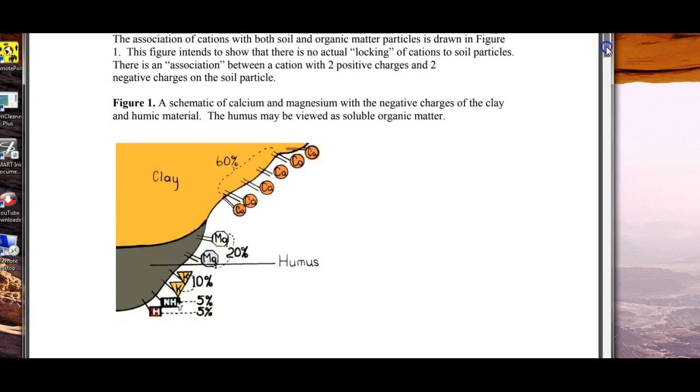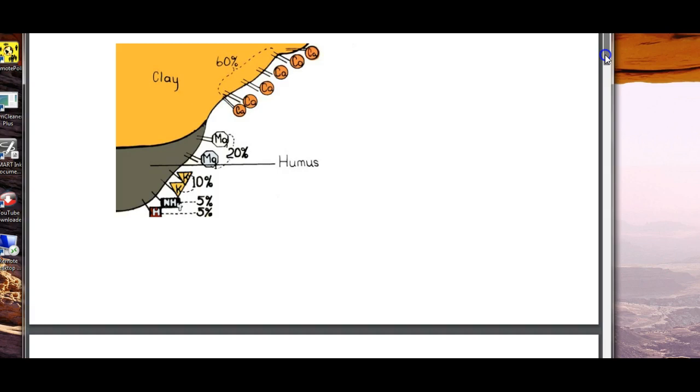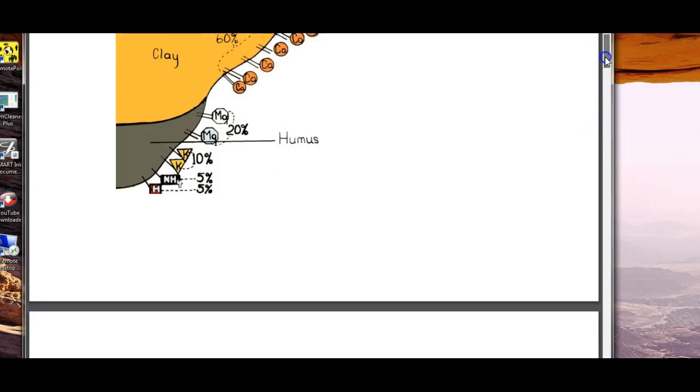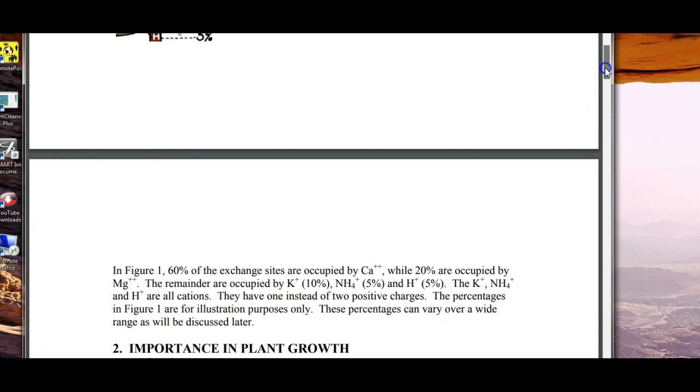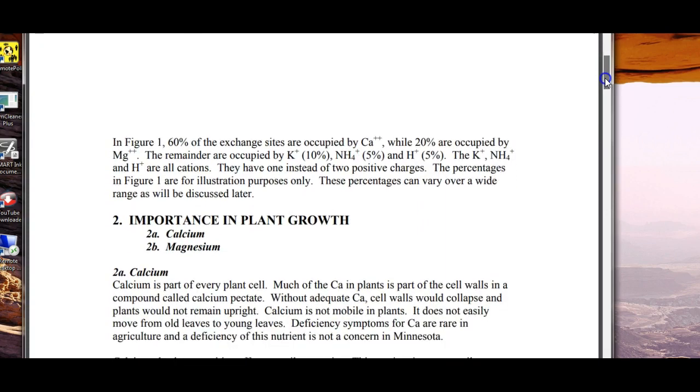And here we can see them occupying the surface on clay and humic material. So it's just giving you a certain percentage. It tells you that on the clay we have about 60% calcium, 20% magnesium, 10% K, 5% ammonium, and 5% hydrogen. And that's just what it says here.